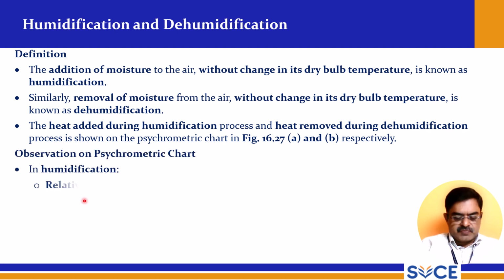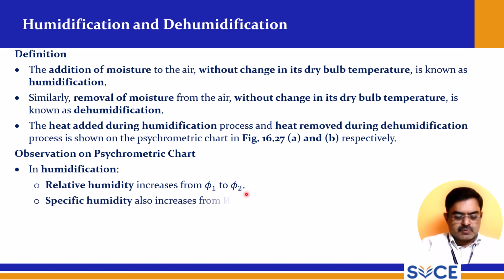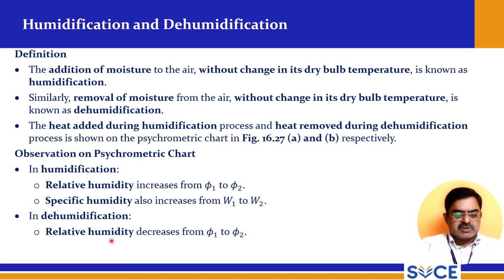In humidification, the relative humidity increases from φ1 to φ2, and the specific humidity also increases from W1 to W2. In dehumidification, the relative humidity decreases from φ1 to φ2, and the specific humidity decreases from W1 to W2.